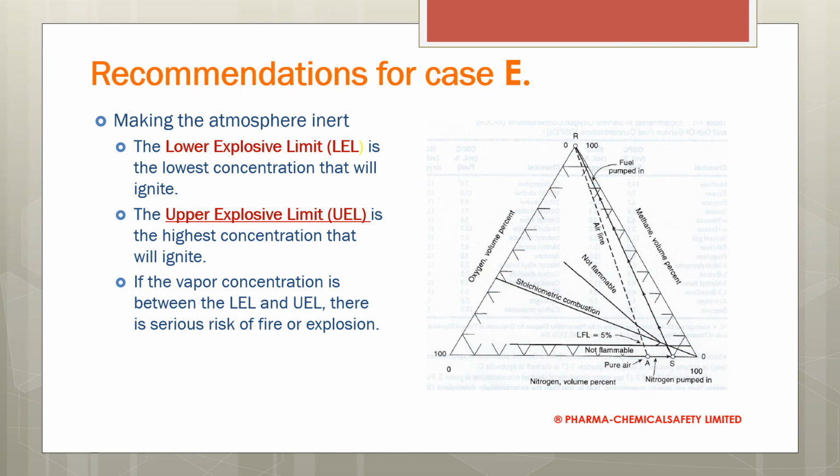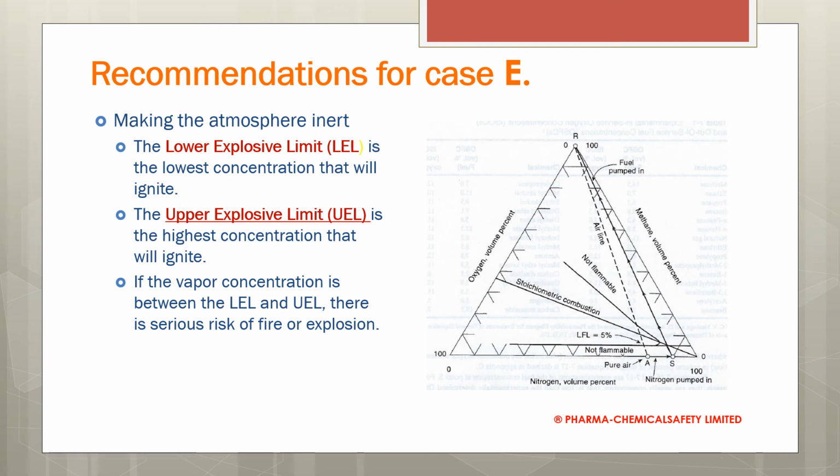Here I show you a fire triangle with the concentration. It's not like the fire triangle with no data. Now you have the data, so you need to have the lower explosive limit and the upper explosive limit, and from there you know the oxygen concentration.